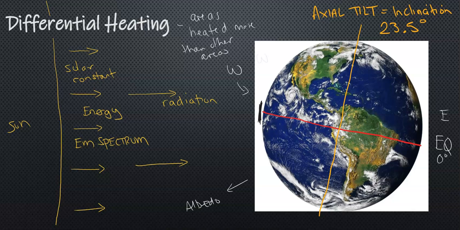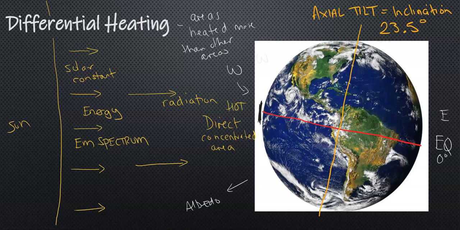So therefore, the radiation, the energy from the sun, is hitting the equator or the equatorial region at a very direct and concentrated area. So the amount of energy, the solar constant that's hitting the equator is direct and concentrated, therefore it will become hot.